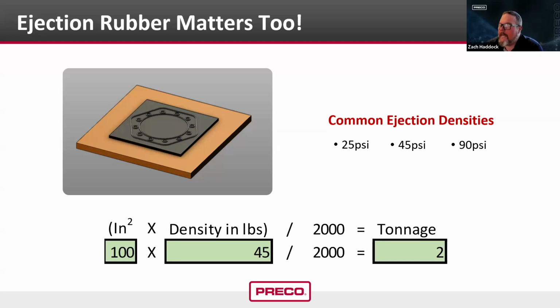But it's as simple as calculating your square inches, multiplying it by that density, divided by 2,000, and that gives you your tonnage. So you can see in this instance, I've got 2 tons just on my rubber. So all I have to do is plug that in or add that to my tonnage for my rule, and I've got my optimal tonnage for running that press.